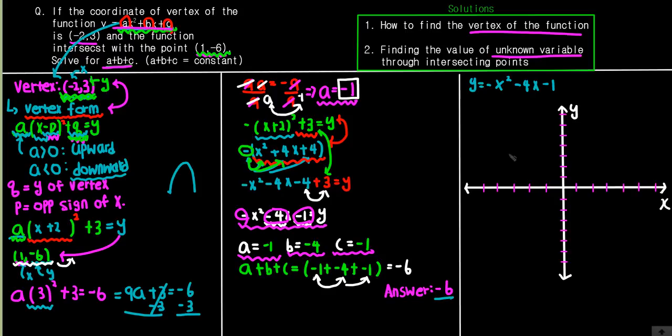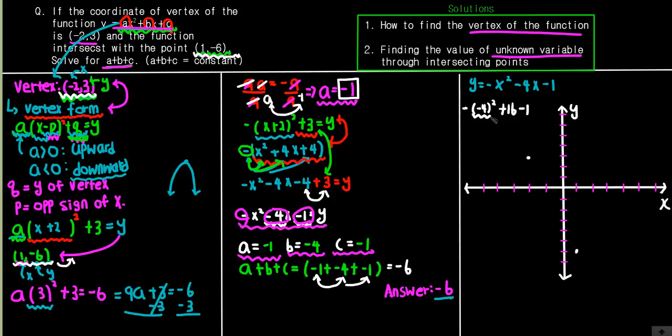Let's think about other points to graph. When the value of x is equal to negative 4, we have negative, then negative 4 squared. Negative 4 times negative 4 turns into positive 16. We have negative 1.